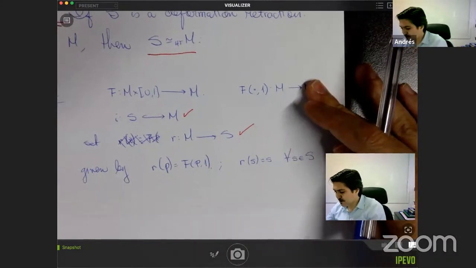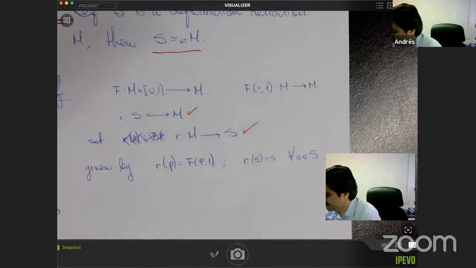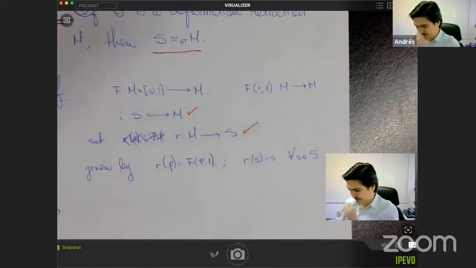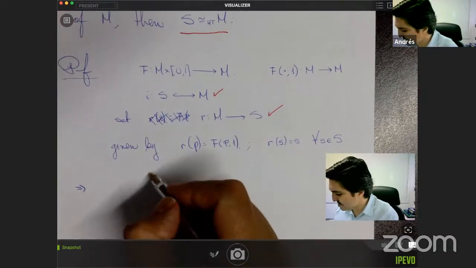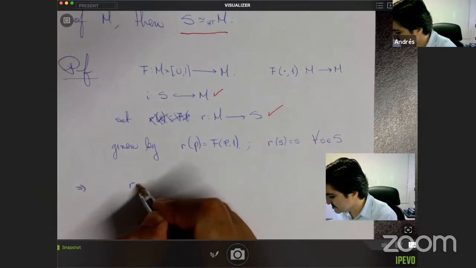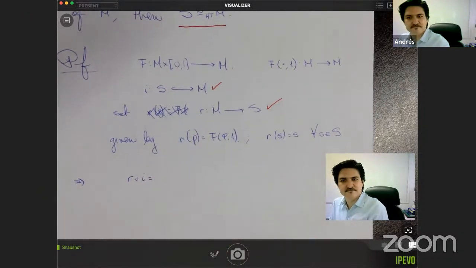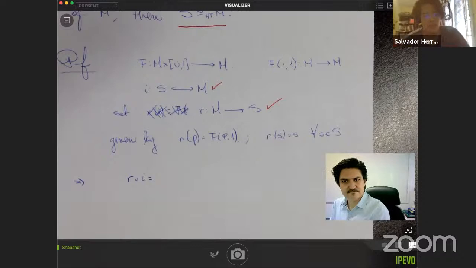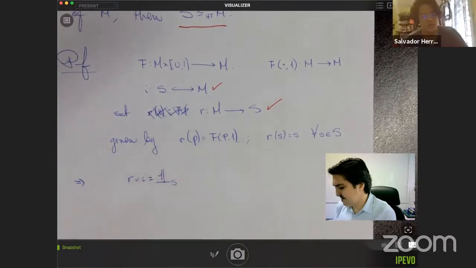Okay, so let's compose now. Right? What can you say about the following map? That is the identity already. Identity where? In S. Right.